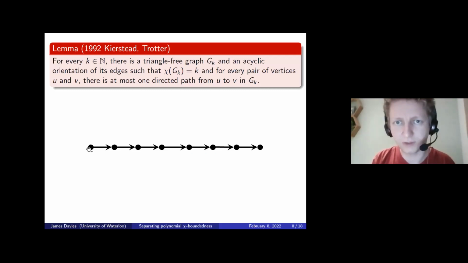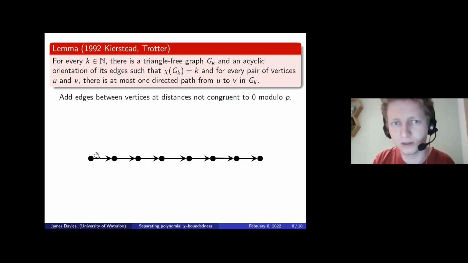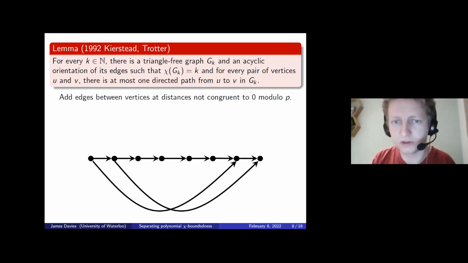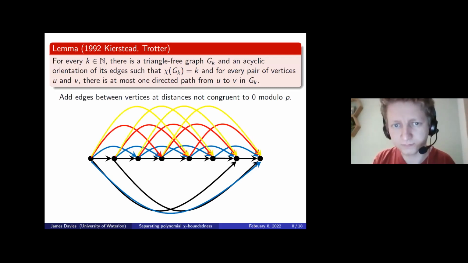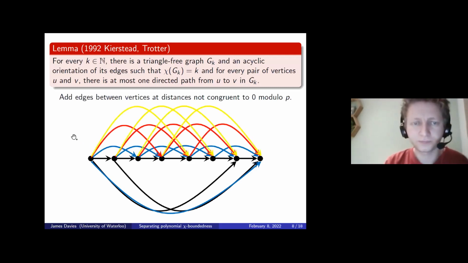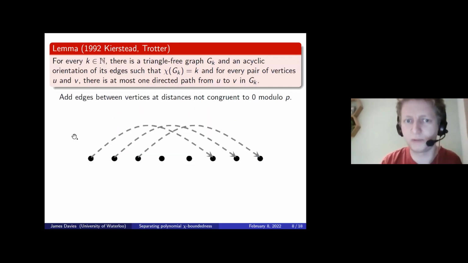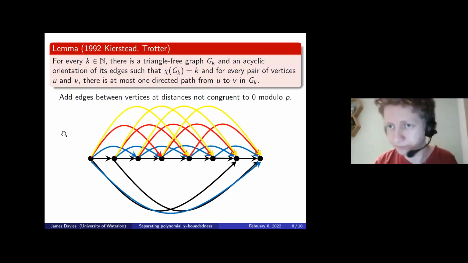So if we have this directed path in our example, then we start off by adding in all our 1 mod 5 edges. We've already got the length 1 ones, but there are longer ones. So we add these in. We add in the ones that are 2 mod 5, 3 mod 5, and 4 mod 5. So we're basically adding in all of them except for these ones that would be a multiple of 5.